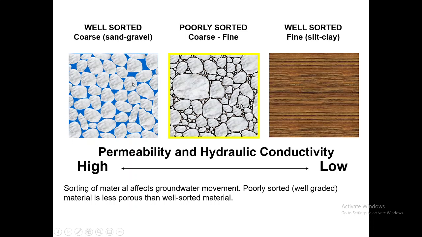So that means it is allowing the water to flow easily through these pores. But when we talk about poorly sorted, like coarse and fine mixed, then the finer particles will occupy the space between these coarse particles, and then it will obstruct the movement of water through these voids.